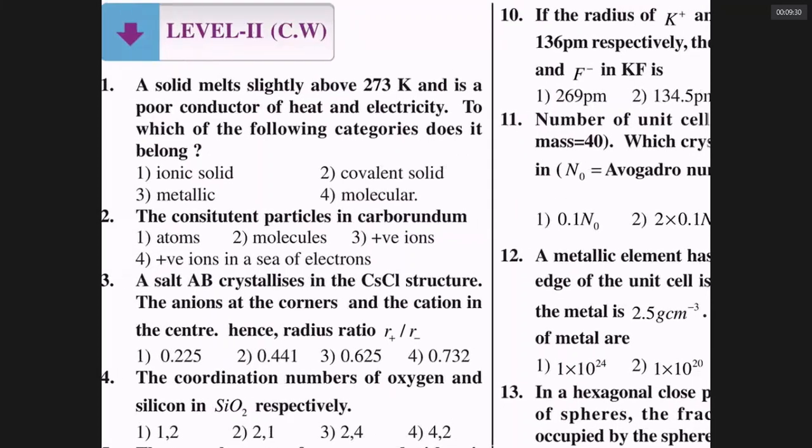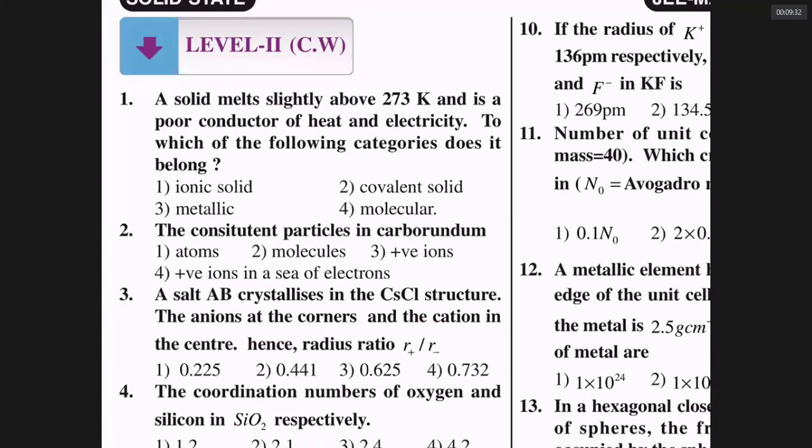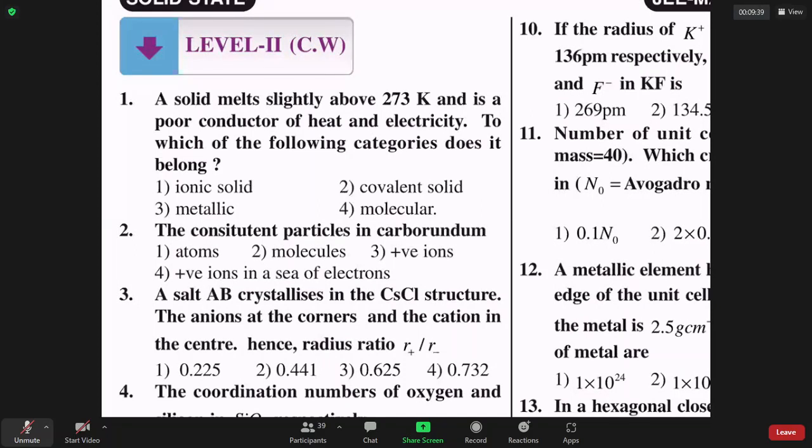A solid melts slightly above 273 K and is a poor conductor of heat and electricity. What type of solid is it? It is not an ionic solid because its melting point is not high.